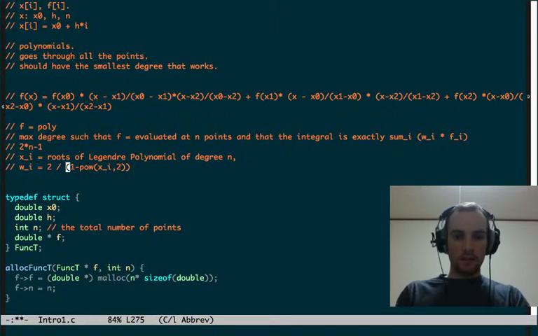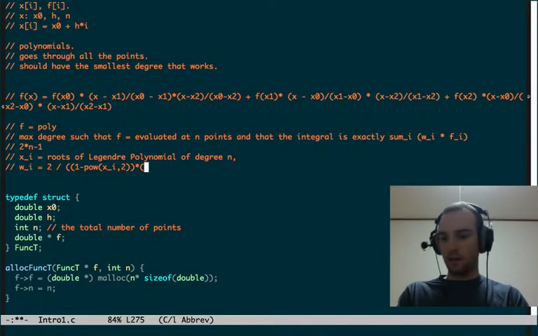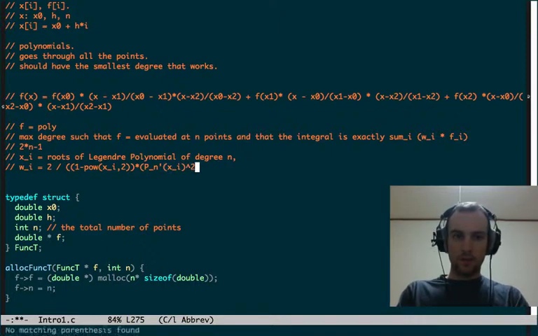So, okay. So it's 2 over a bunch of stuff. The first factor is 1 minus xi squared. The second factor is the derivative. I'll just call it p n prime at xi squared.